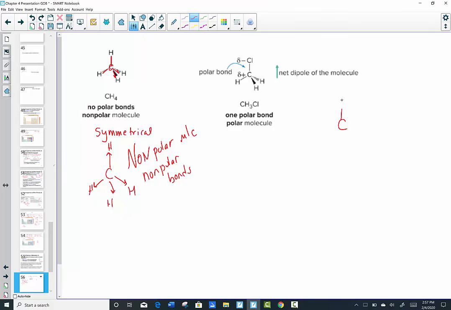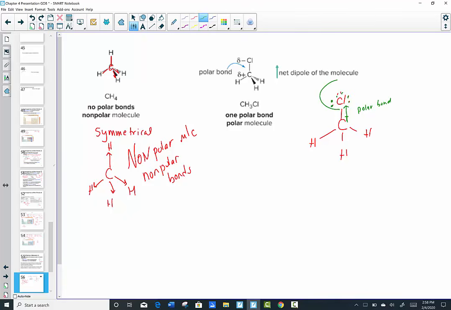What if now we look at removing one of the hydrogens and replacing it with a chlorine? Do you notice this very rich region of electron density on that chlorine? There is a significant electron distribution toward the chlorine. So this is a polar bond.